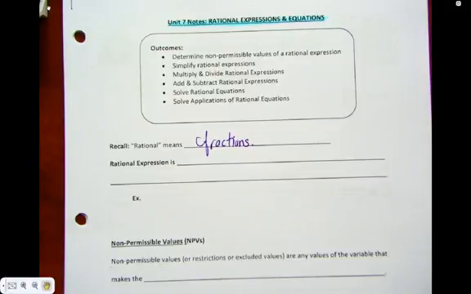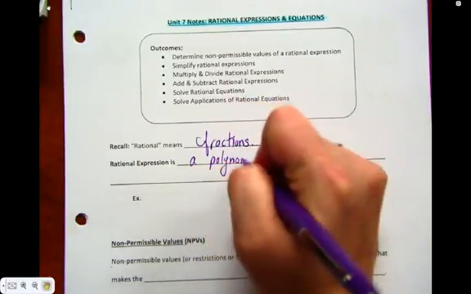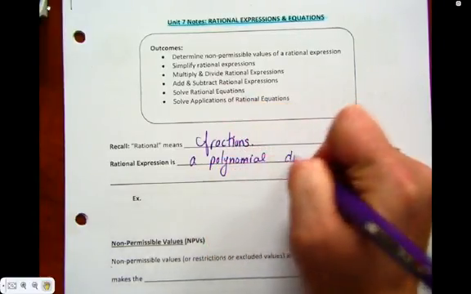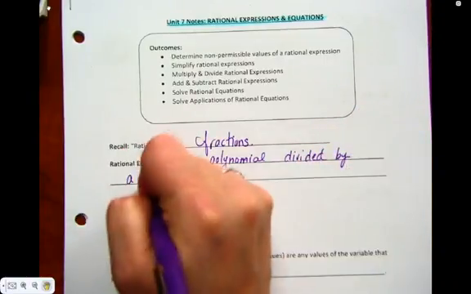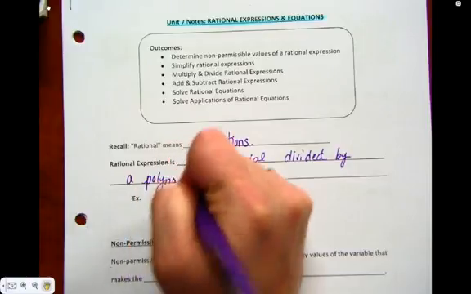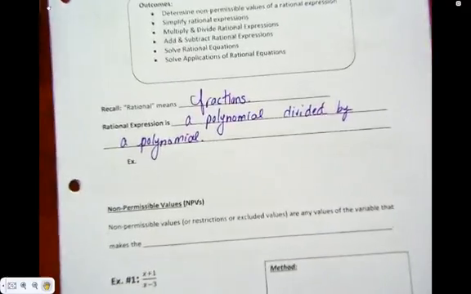A rational expression is a polynomial divided by a polynomial. What's a polynomial?